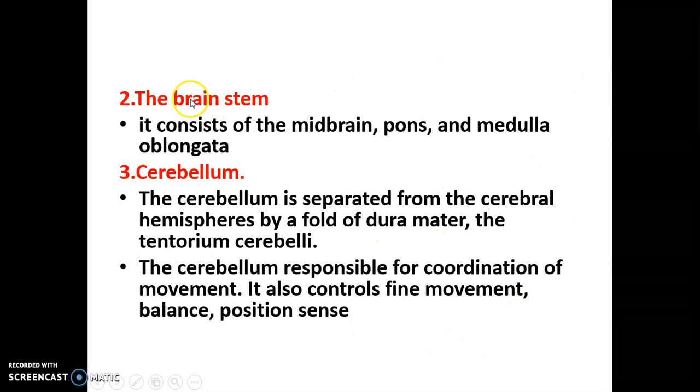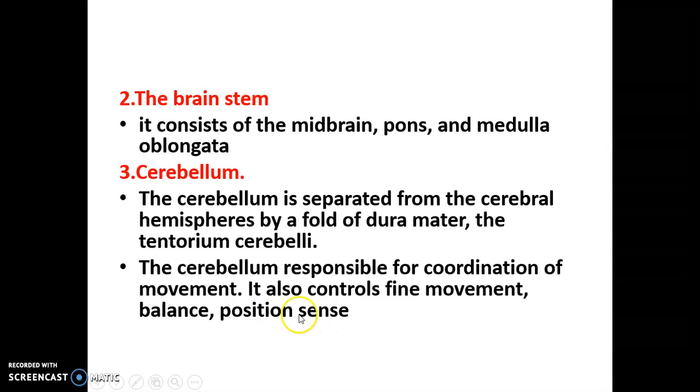In the brainstem, if you see the brainstem, it consists of the midbrain, pons, and medulla oblongata. This is the brainstem. The cerebellum is separated from the cerebral hemisphere by a fold of dura mater called the tentorium cerebelli. The cerebellum is responsible for the coordination of movement.